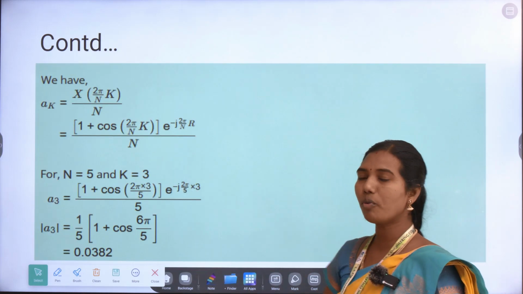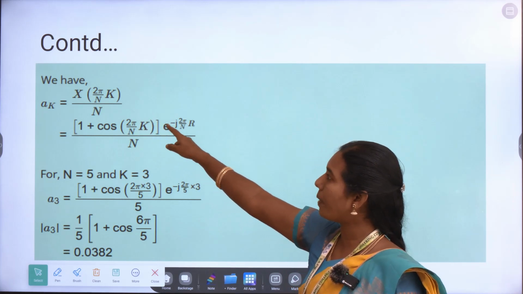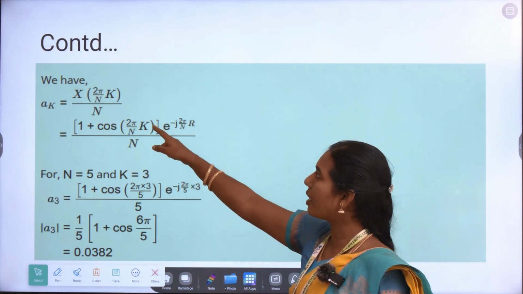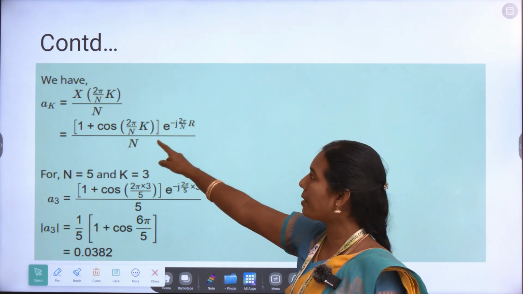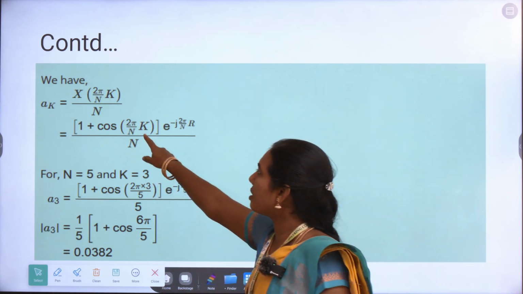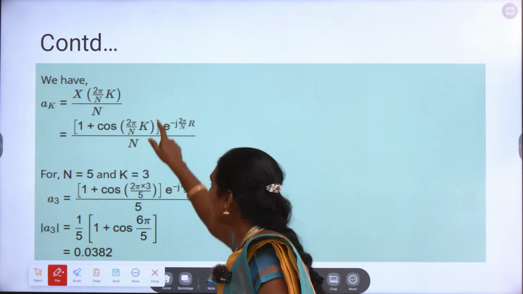So here the Fourier coefficient formula is ak equal to X of 2 pi k by N divided by N. We know in the question it is given X of omega equal to 1 by 1 plus cos omega e power minus j omega. So omega value is 2 pi k by N. This is the omega value.